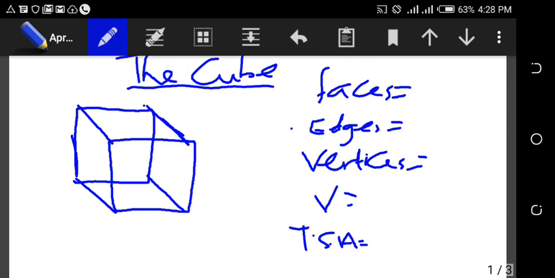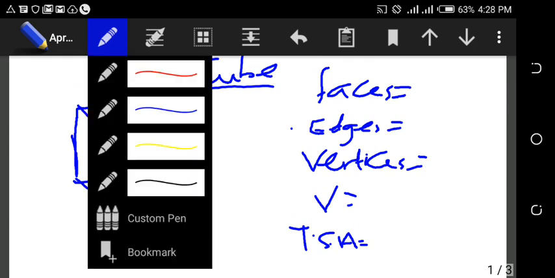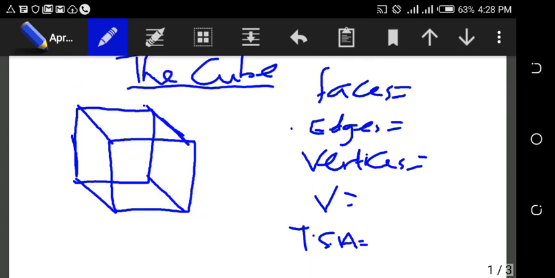Let's start with the faces. To help us with that, let's letter the faces. So let me select this. Let's label this.